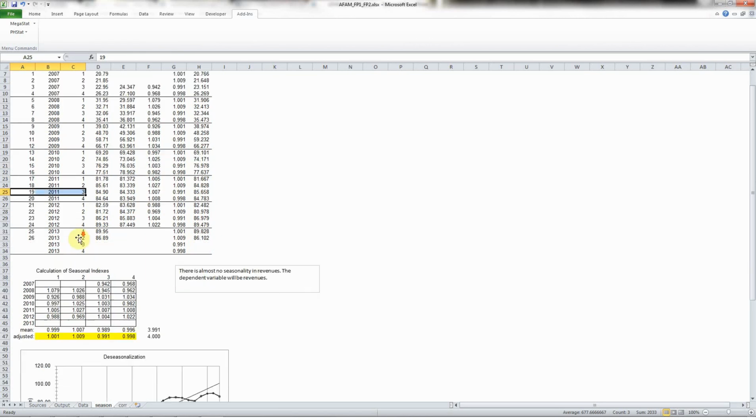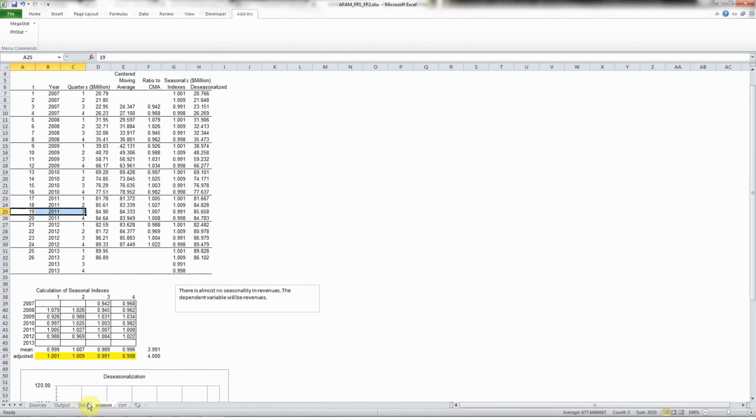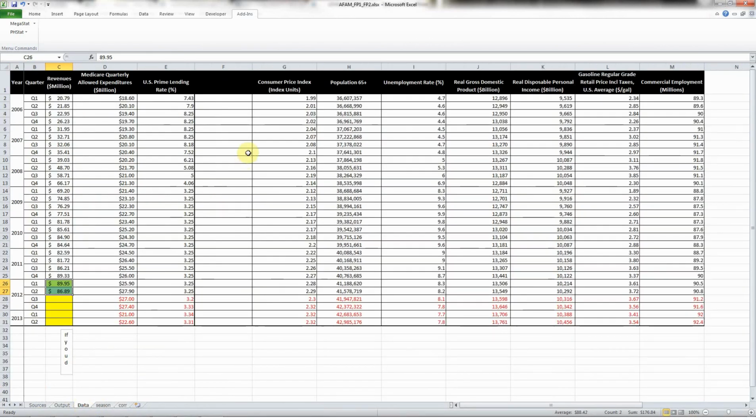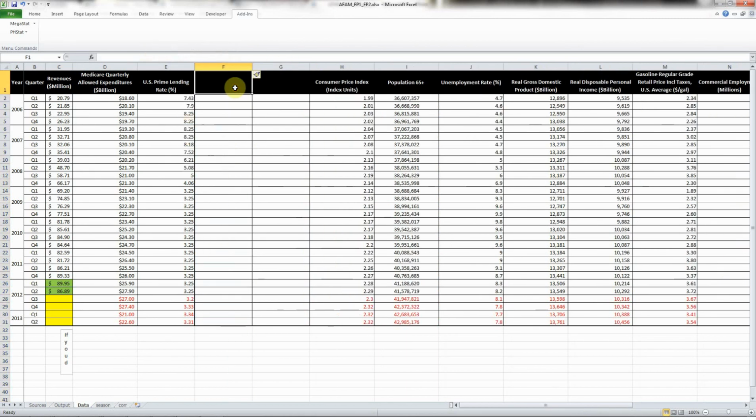2011. So I'm going to put a mode in there, and the way I'm going to do that is add a new variable to my data. Let's just do an insert here, and I'll just call it mode.